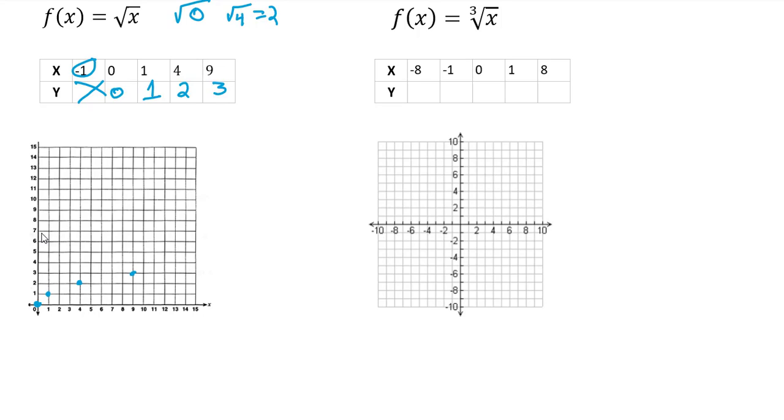So we're going to kind of curve up this way. All right, could have made a better curve, but forgive me, it's my first time using the software. Okay, so this will represent your parent function here. That's when we're taking the square root in that case.